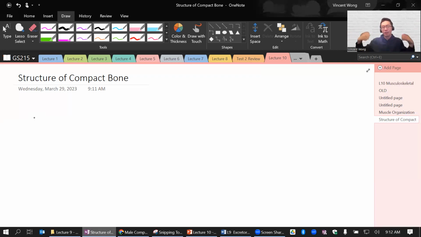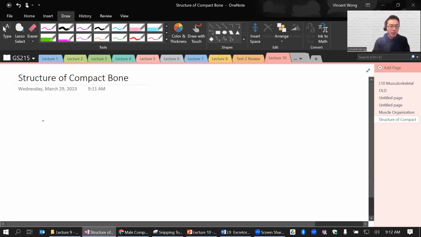Long, not in the sense of a meter long or something. Min said the femur, exactly, right? Your thigh bone is a long bone. This bone right here, that's the longest bone in your body, the femur. Your humerus, the funny bone, that's a long bone.